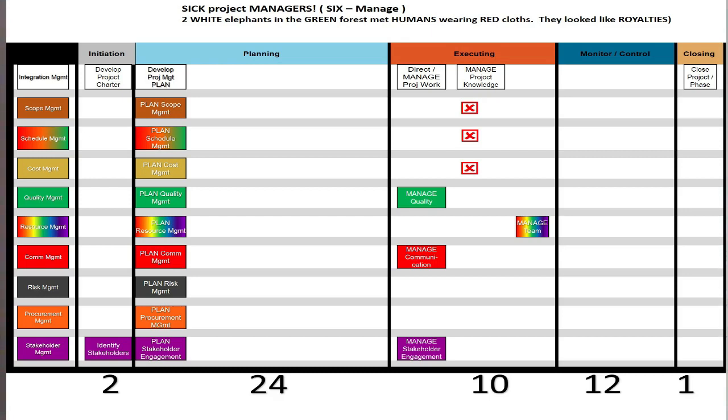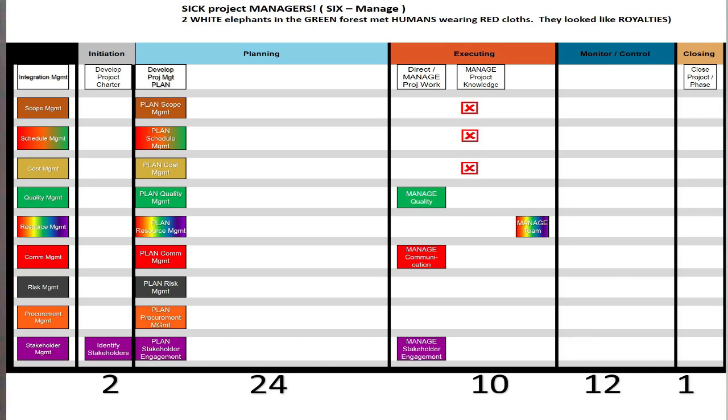Next one is they met humans. Humans, remember, it's actually part of the rainbow color. So in the rainbow, there is a process called manage team. And wearing red clothes, red obviously refers to the communication, right? So manage communication.